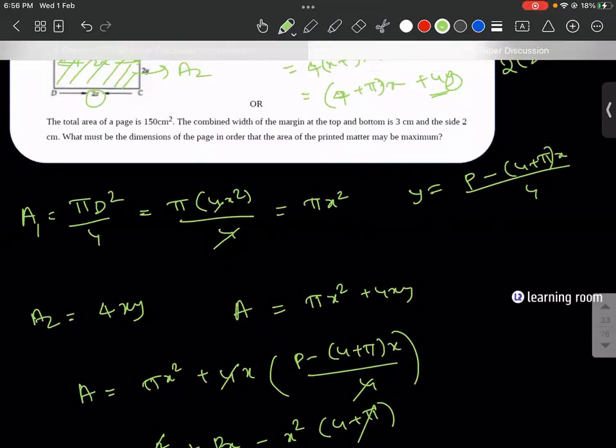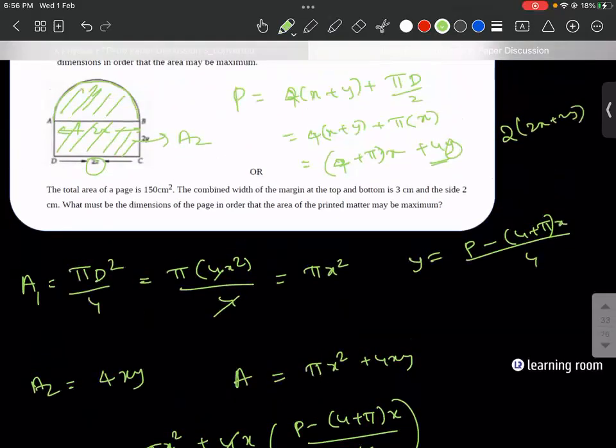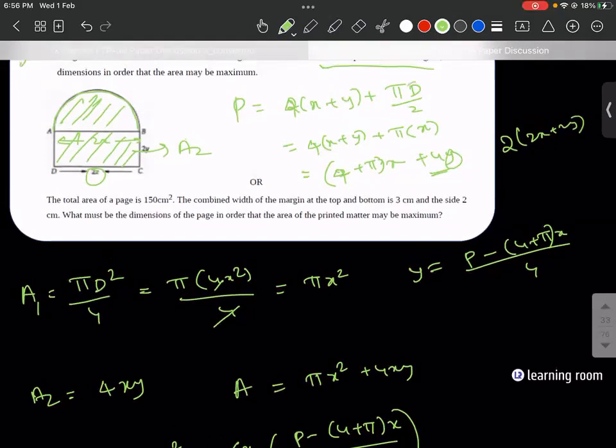Sir, in that last step, can you scroll up a little? Okay. Sir, in that 4x plus y and pi x, what you did, sir? I didn't get it. Pi into diameter by 2.